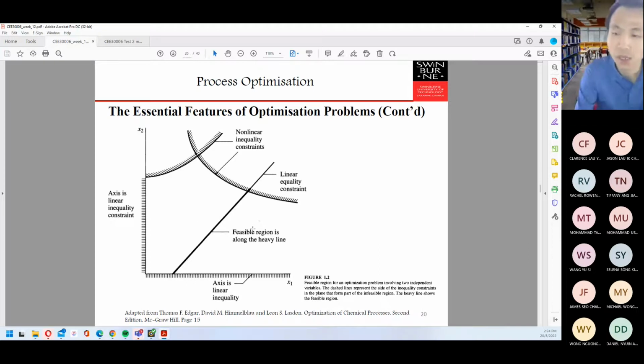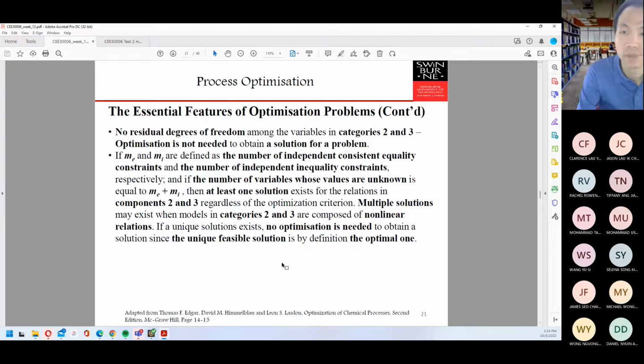But then, if you also have a linear equality constraint, meaning that you can only operate in between these two, whatever the optimal solution is, it can only operate on this particular line. Okay.